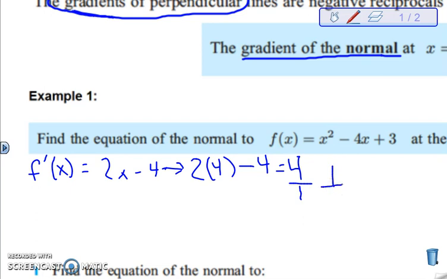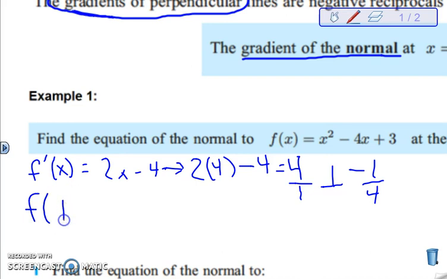And remember that perpendicular lines have opposite reciprocal slopes. So we're going to use the same point slope equation that we had before. So y, but before we can do that, we need a y value.